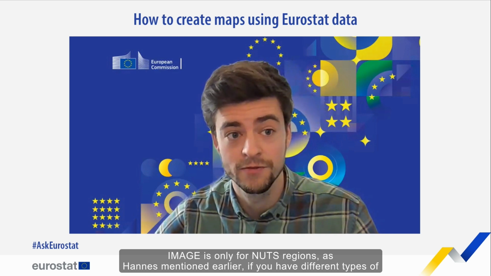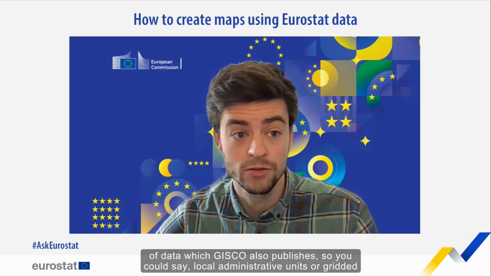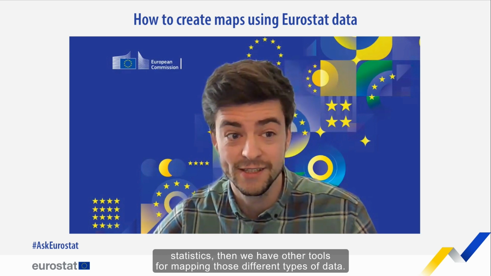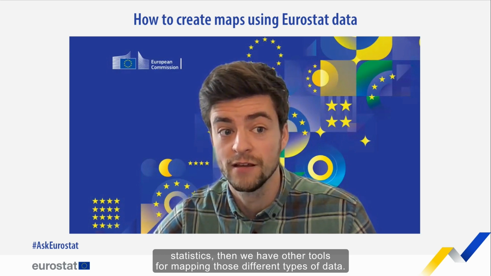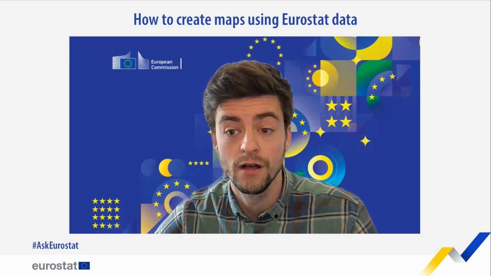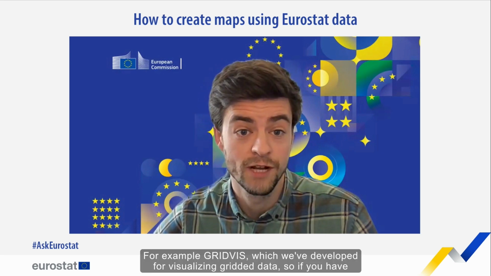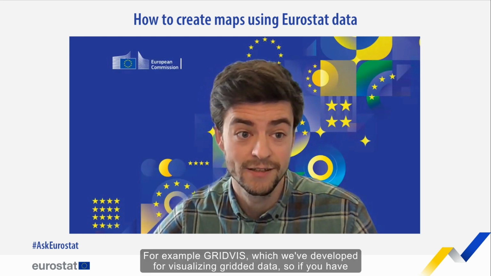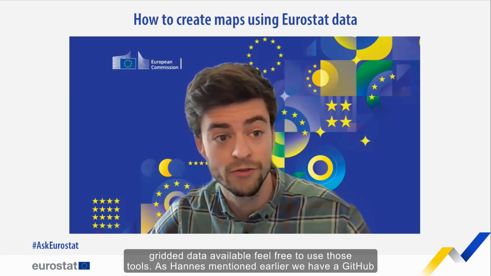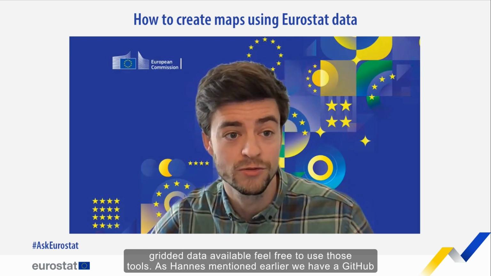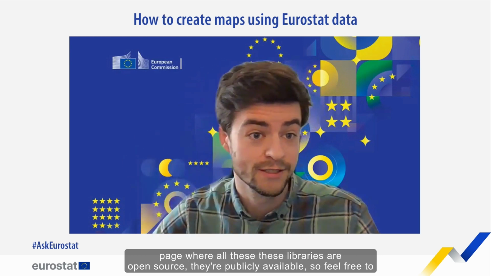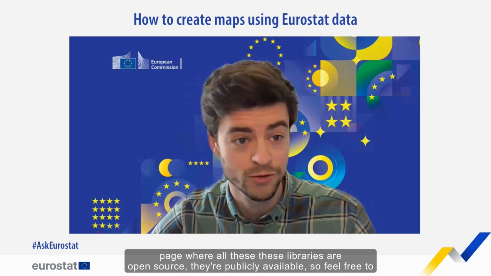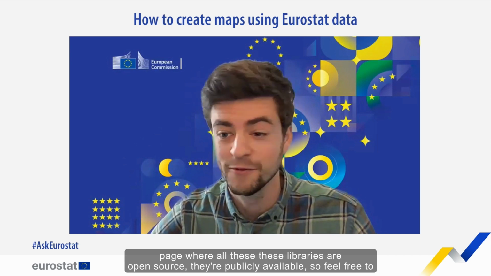If you have different types of data, which GISCO also publishes, such as local administrative units or gridded statistics, then we have other tools for mapping those, for example GridVis, which we've developed for visualizing gridded data. As Hannes mentioned earlier, we have a GitHub page where all these libraries are open source and publicly available, so feel free to use them.